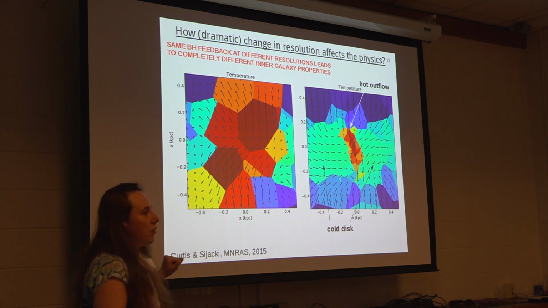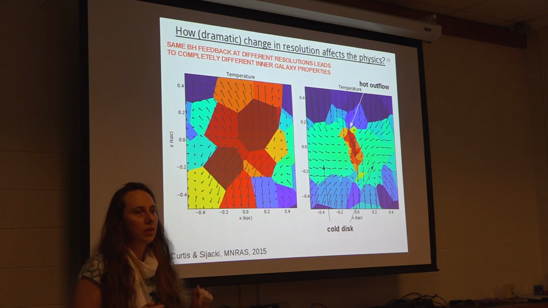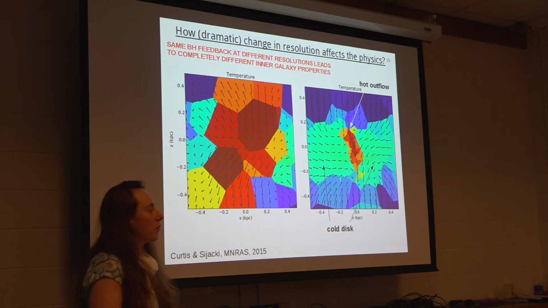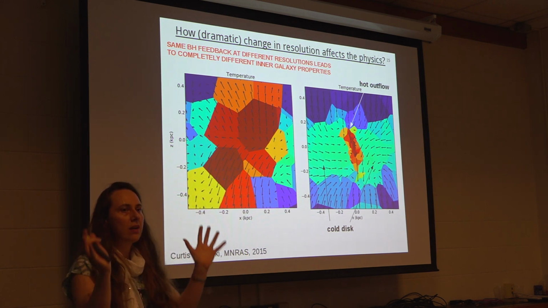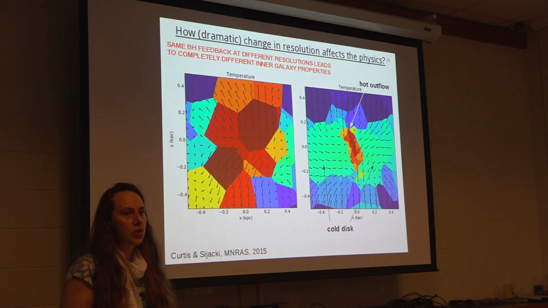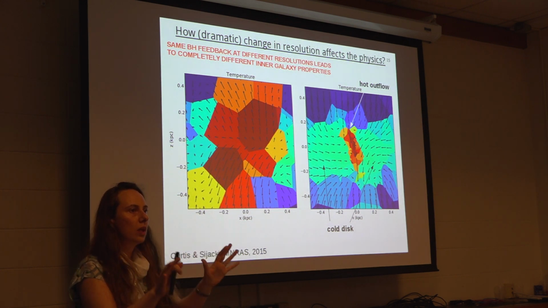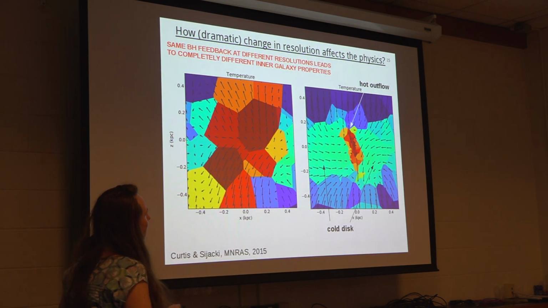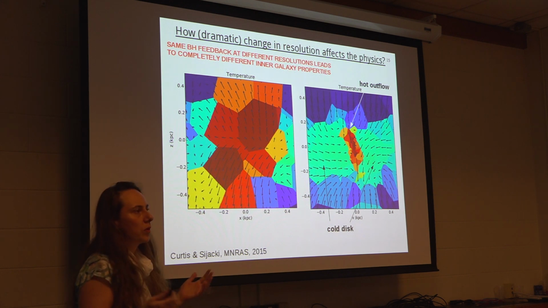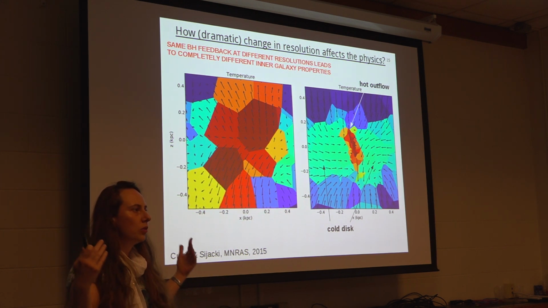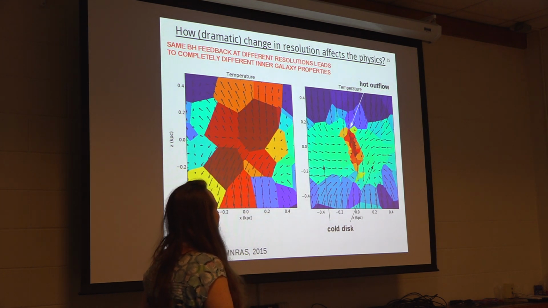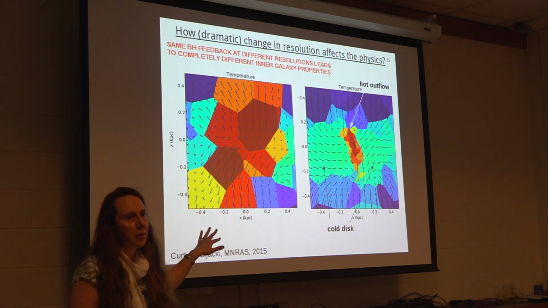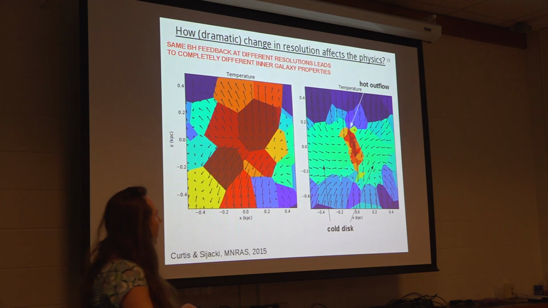In one case, we just do the standard thing that everybody does, so we don't change the resolution as we approach a supermassive black hole that is just sitting here in the center, and we are just spherically dumping some thermal energy around the supermassive black hole in the host galaxy. In the other case, we are using this, what we call the super Lagrangian refinement, to really increase the resolution in the central region. And we dump exactly the same amount of energy there, but we see a very different picture.